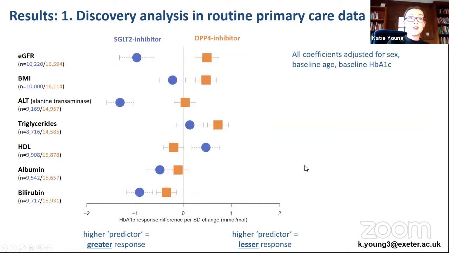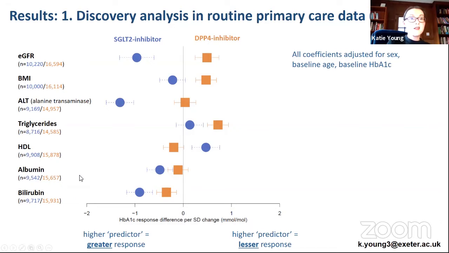Here I show the results from stage 1 of this process. On this plot, points on the left indicate that a higher level of this feature is associated with a better response to the medication, and on the right that a higher level of this feature is associated with a worse response to the medication.